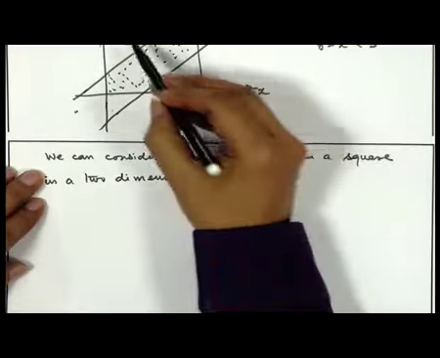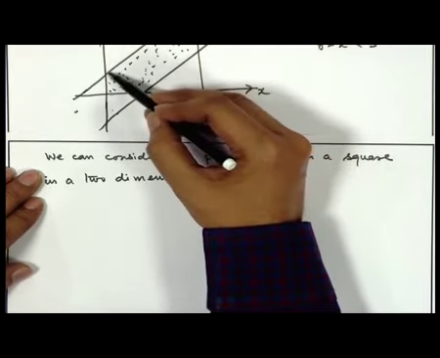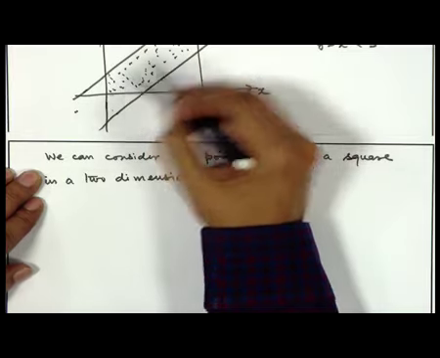So, this entire area is 9 into 9, that is 81 square centimeter, and the shaded area is the required area.